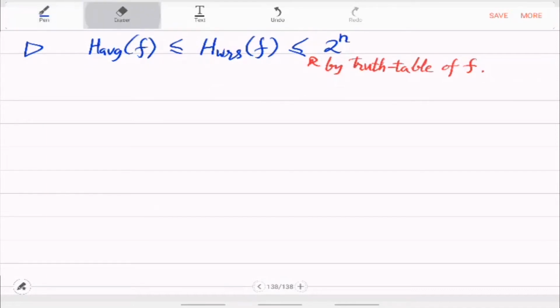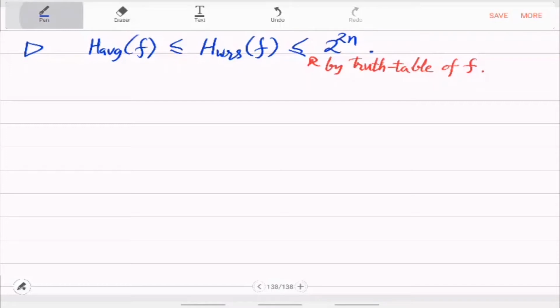Let's make it 2^(2n)? In that much. So worst case hardness obviously cannot exceed much more than exponential in n, and average case hardness will be smaller.